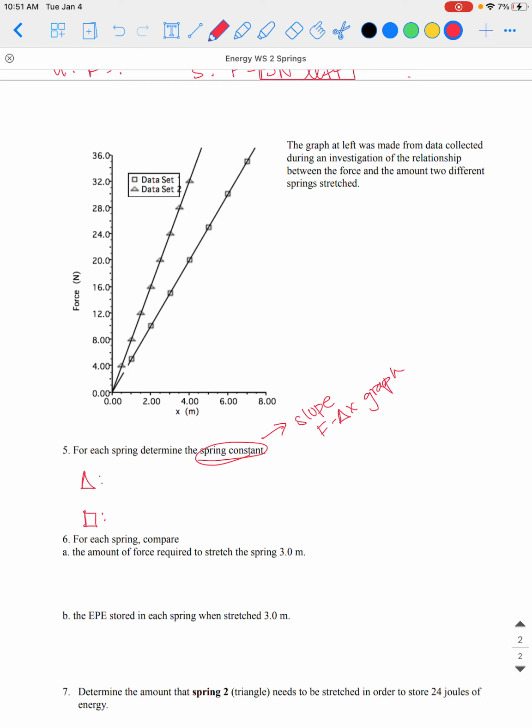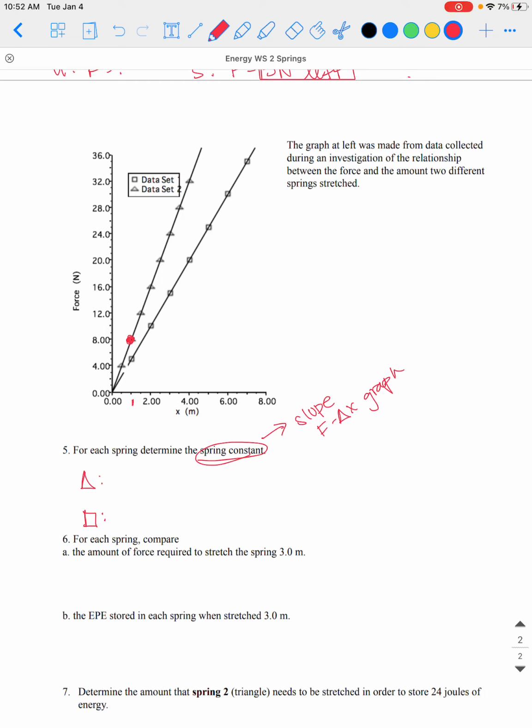So if I look at this data, 1 is right there between 0 and 2. And I like this point because it gives me nice values. So I'm going to choose 0, 0, and 1, 8.